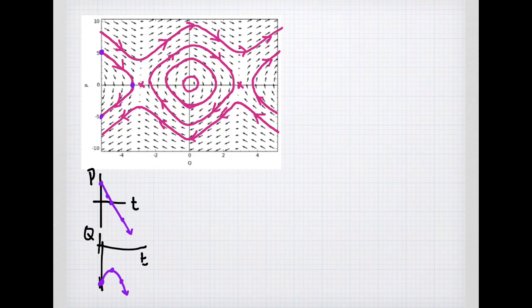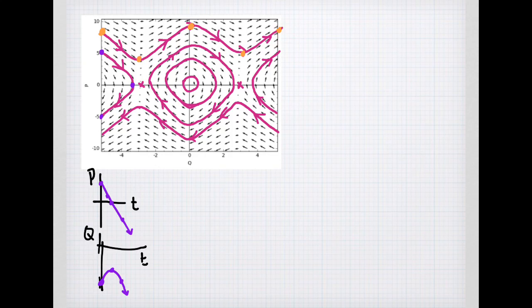Alright, let's do another one. If I start on this upper one, the main important points appear to be these 5 points that I've marked in orange. So let's think about that particular path. What is p doing? P is going maybe 8 to 4 to 8 to 4 to 8.